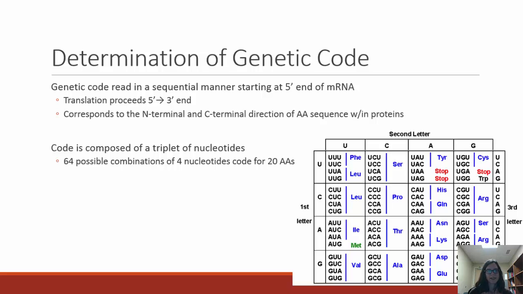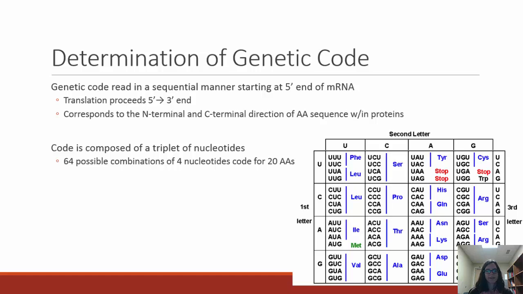Now, a codon is, as we said, composed of 3 base pairs, and that dictates what specific amino acid is going to be added onto the growing polypeptide chain. Since we have 4 different bases, in 3-base coded chunks this confers 64 possible combinations of the 4 nucleotides, but we only code for 20 amino acids.